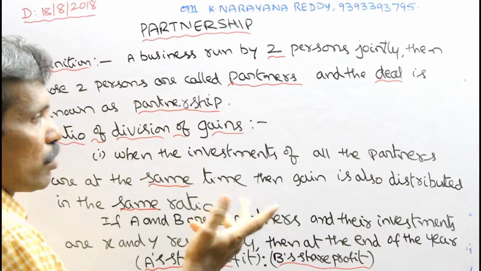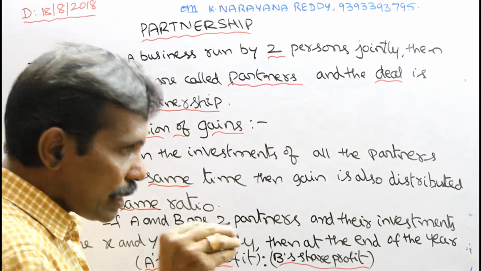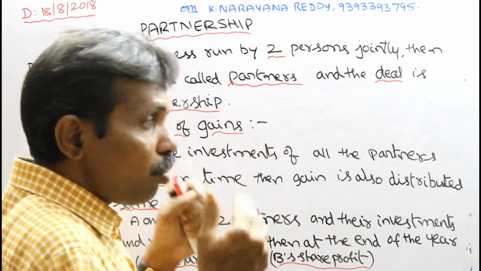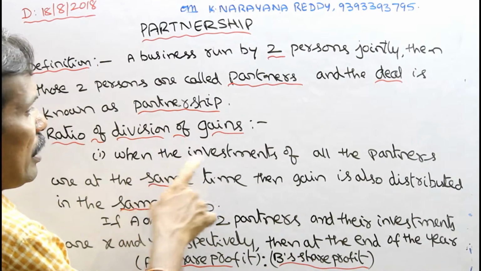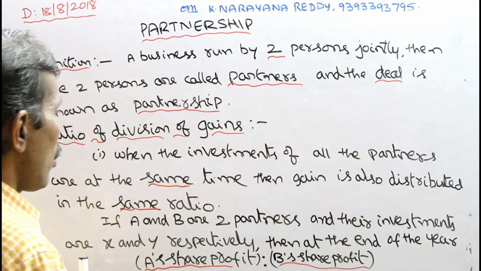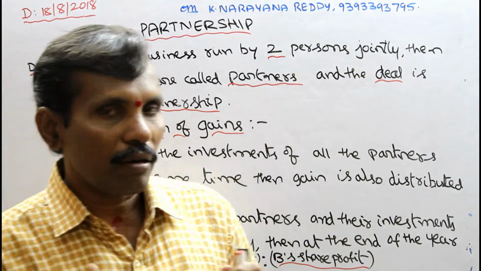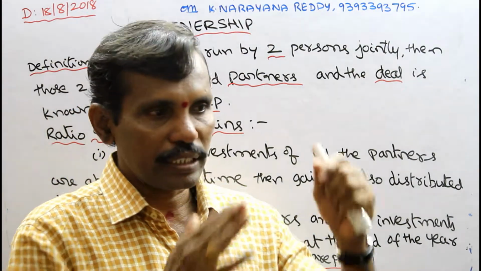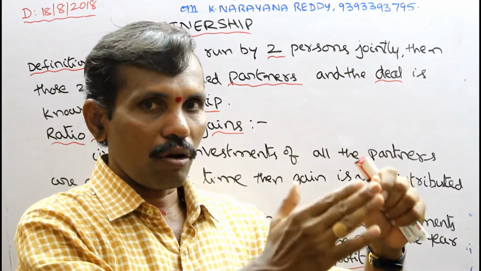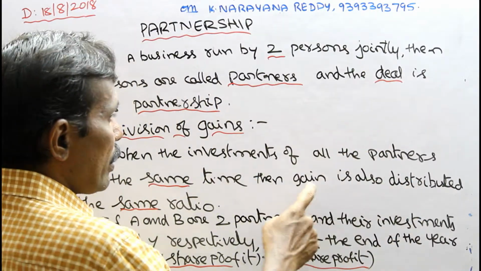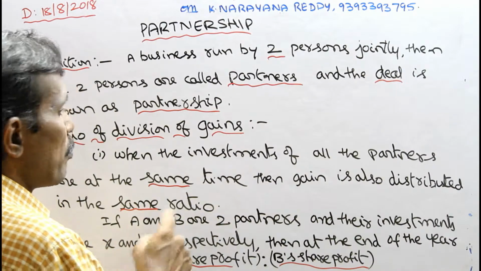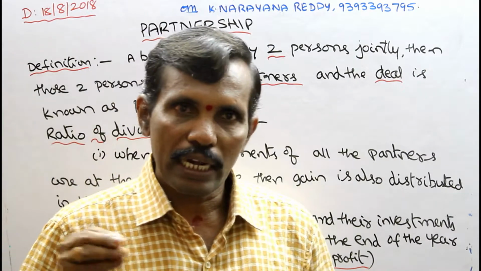Division of distribution of gains. If the business has a gain, how is it distributed? When the investments of all the partners are at the same time, on the same fixed date, then the gain is also distributed in the same ratio.